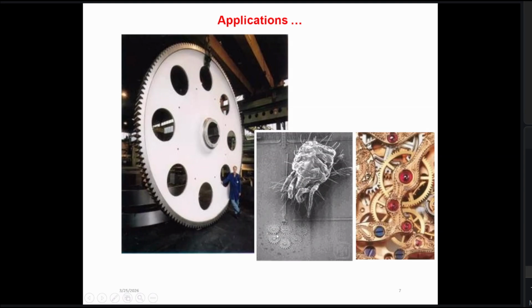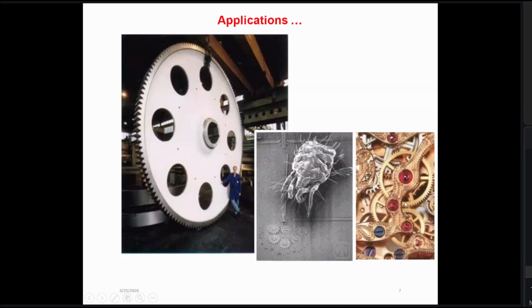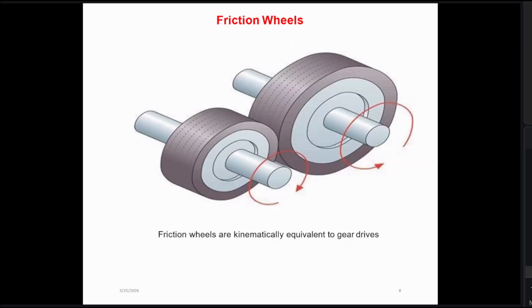So there are gears which are dedicated for such very tiny operations, very compact gear trains, right? And in moderate level, we have worm gears, which are also compact ones.